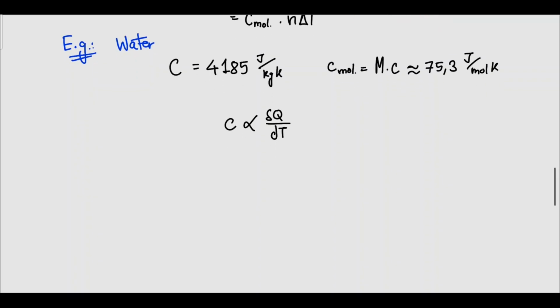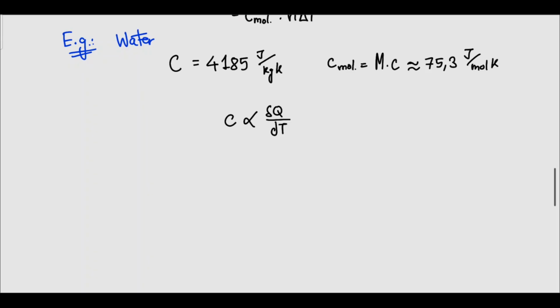We already talked about a formula whereby we considered C is equal to F divided by 2 R, where we talked about F being the degrees of freedom that an ideal gas has.